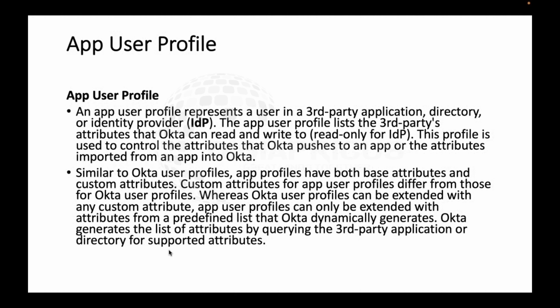And how is it generated? It is generated when Okta queries the third-party application or directory for any supported attribute. So Okta will be querying those applications. It will understand what data types or attributes can be supported with this application, and accordingly it will allow you to create them here in Okta. So that's what an app user profile is.